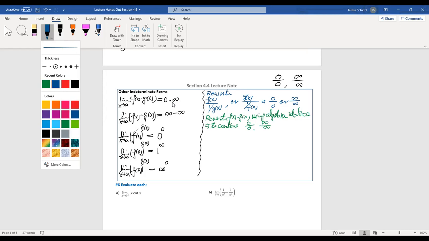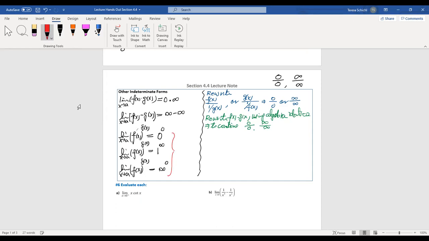Now what about these three situations: 0 to the 0, 1 to the infinity, and infinity to the 0? What can we do here? For these three situations, the way we typically do it is to set the letter y equal to f of x to the g of x, since it's always a power. Then you take the natural log of both sides.